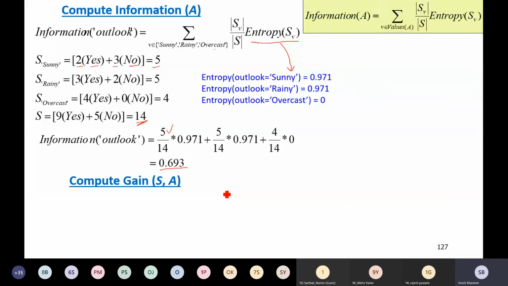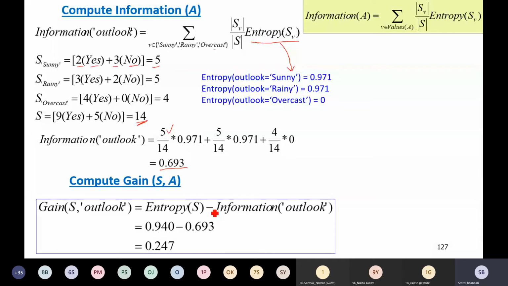Okay, now we are going to compute gain, right? How are we going to compute gain? We know the formula for computing the gain. We are computing the gain for the attribute under consideration, that is outlook. So gain of S comma outlook equals entropy S minus information outlook.